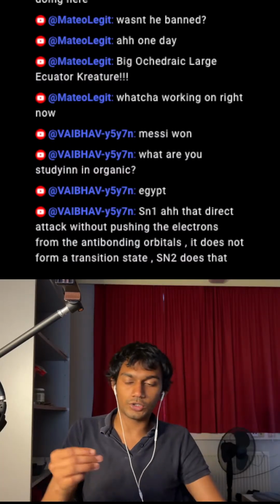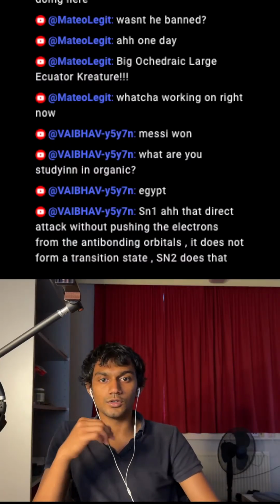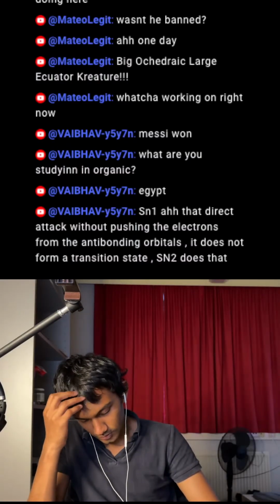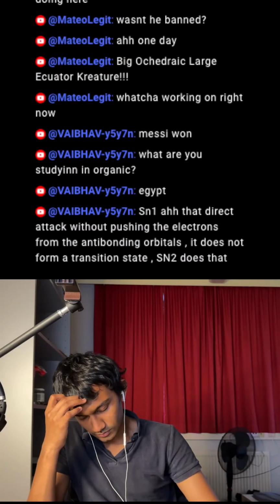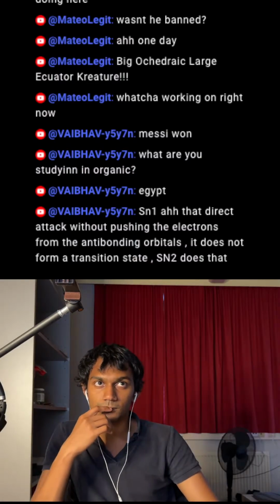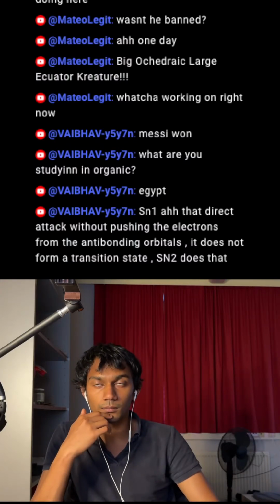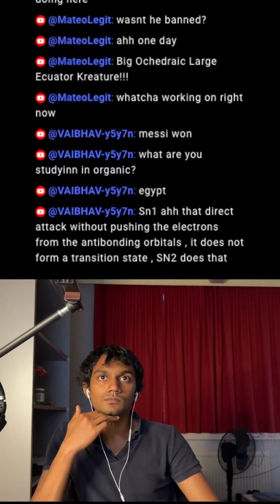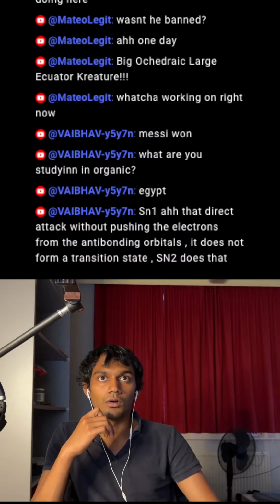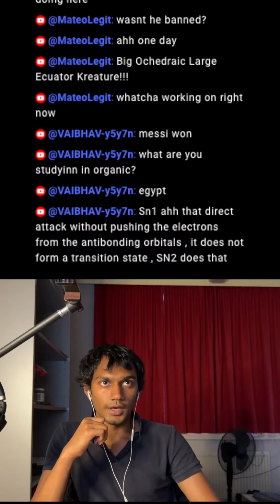SN1 does not form a transition state. You are right. SN2 forms transition state. Wait. SN1 forms intermediate state, which is more observable. So, water solvates anion through ion dipole interaction, specifically forming hydrogen bonds.